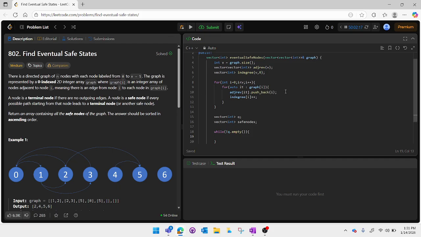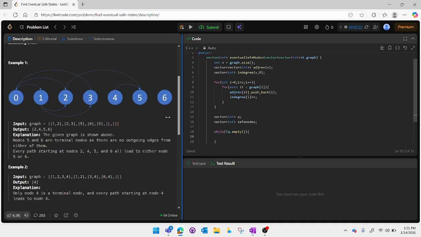For example, if I consider this, here the zeroth element of graph indicates that from 0 we can navigate to 1 and 2, and since we need to reverse the edges in our graph, we need to convey that from 1 we can reach 0 and from 2 we can reach 0.